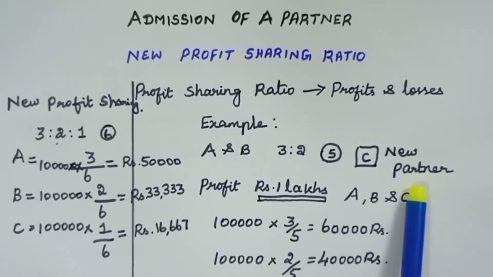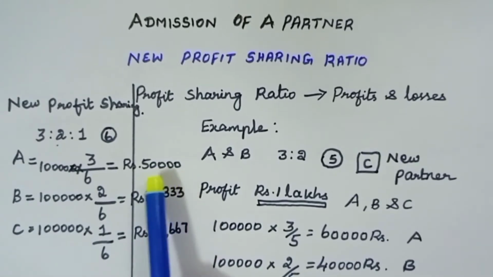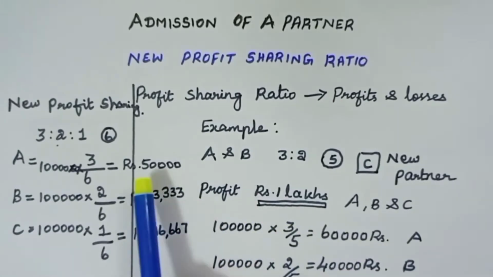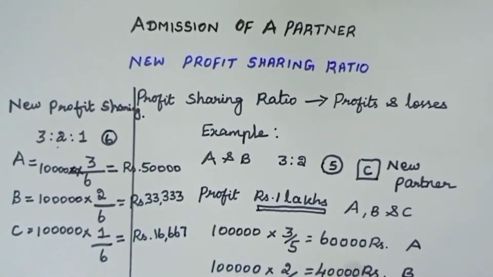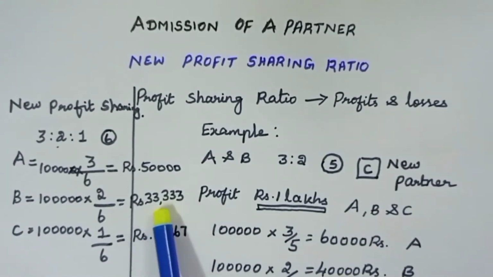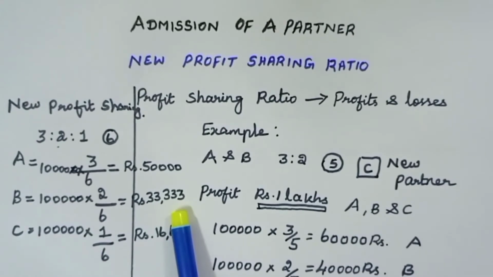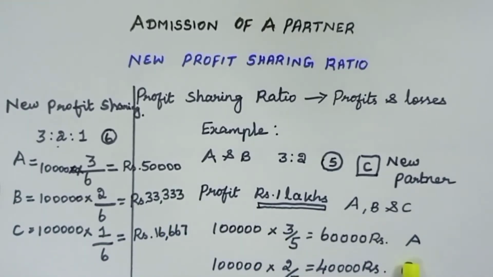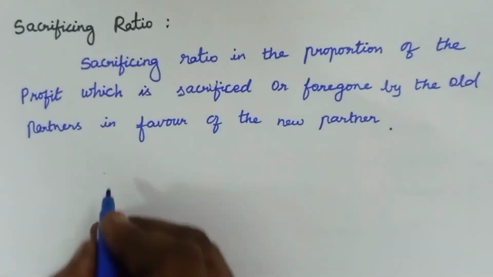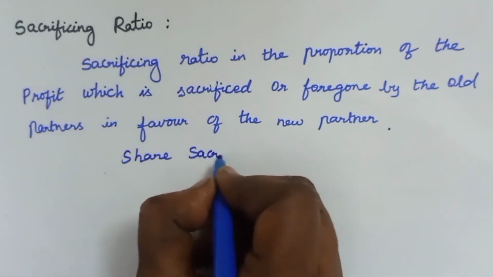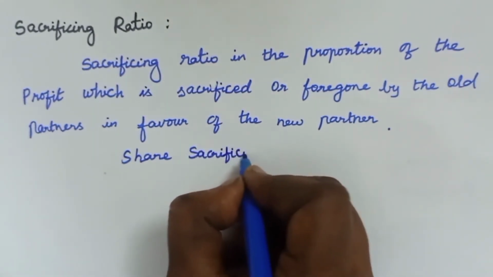That is the difference between share of profit before admission of new partner and after admission of new partner. 60,000 minus 50,000, 10,000 share of profit sacrificed by A, and sacrifice made by partner B is 40,000 minus 33,333, that is 6,667 rupees sacrificed by B. Share sacrificed is calculated by deducting the new share from the old share.